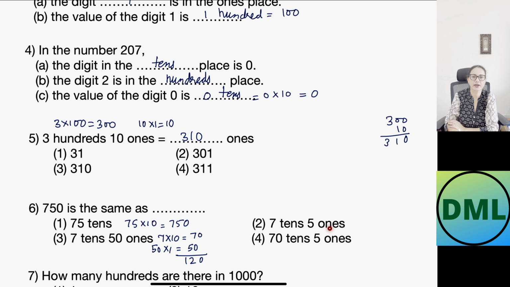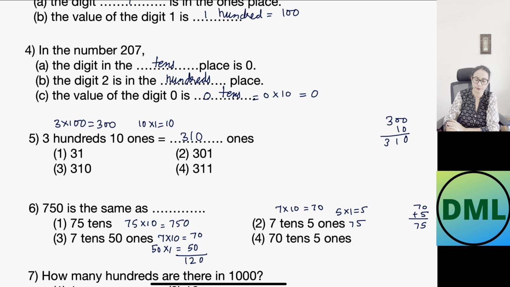Let's see the third option here. 7 tens, 5 ones. Let's write down the answer here first. 7 tens is 7 multiplied by 10, which is 70. 5 ones is 5 multiplied by 1 is 5. If I add both of them, my answer will be 70 and 5. 5 plus 0 is 5 and 7 as it is. My answer is 75 here.